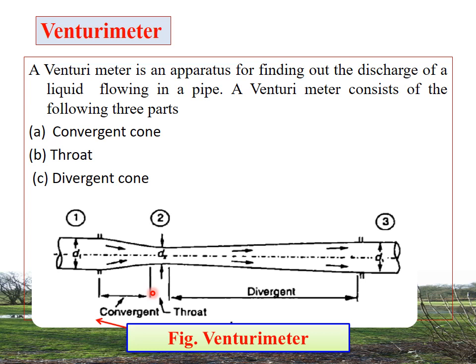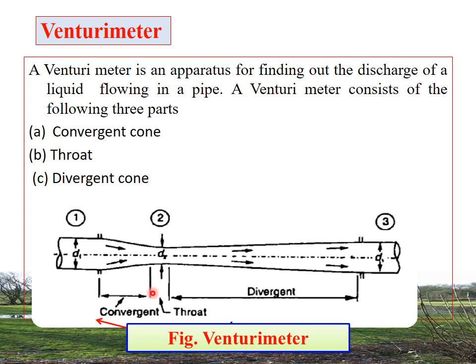A pressure difference is created, which enables the determination of the discharge through the pipe.